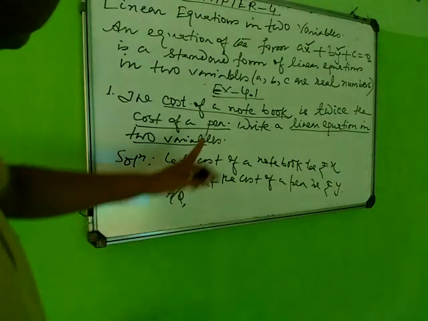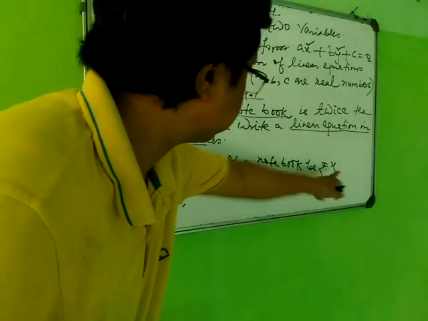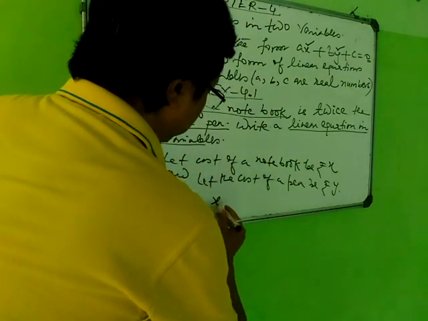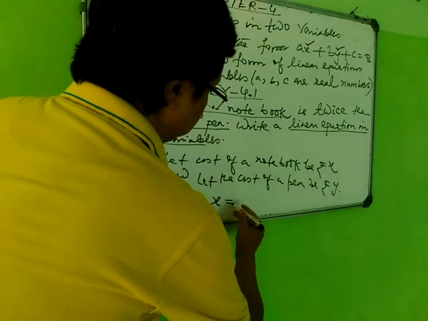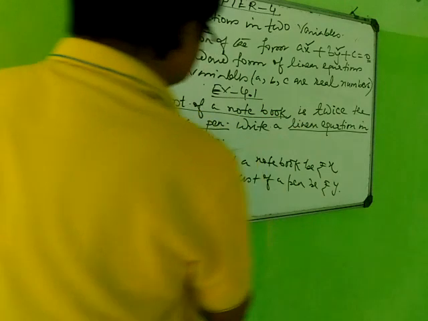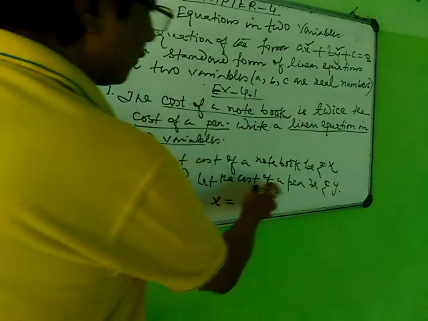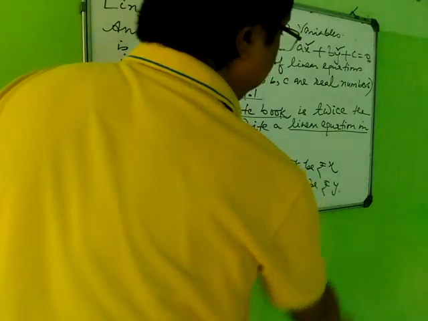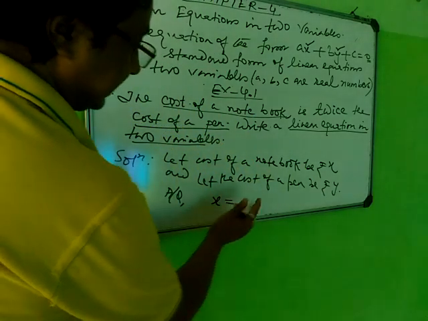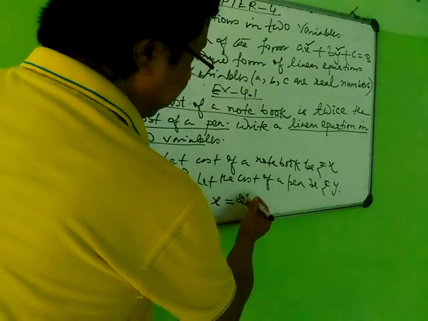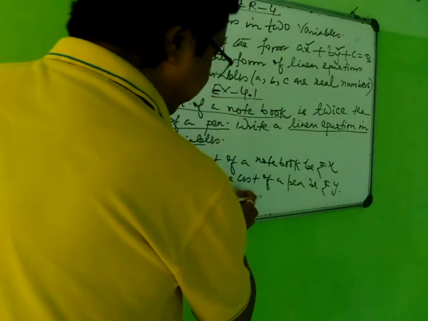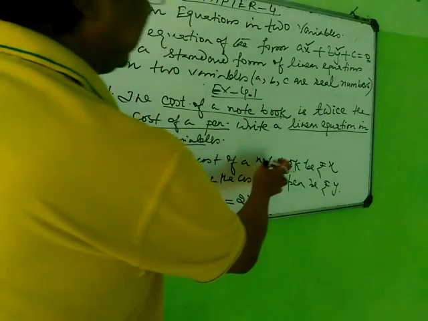The cost of the notebook, x, equals twice the cost of a pen. The pen is y rupees, so making it twice, you get the cost of a notebook.